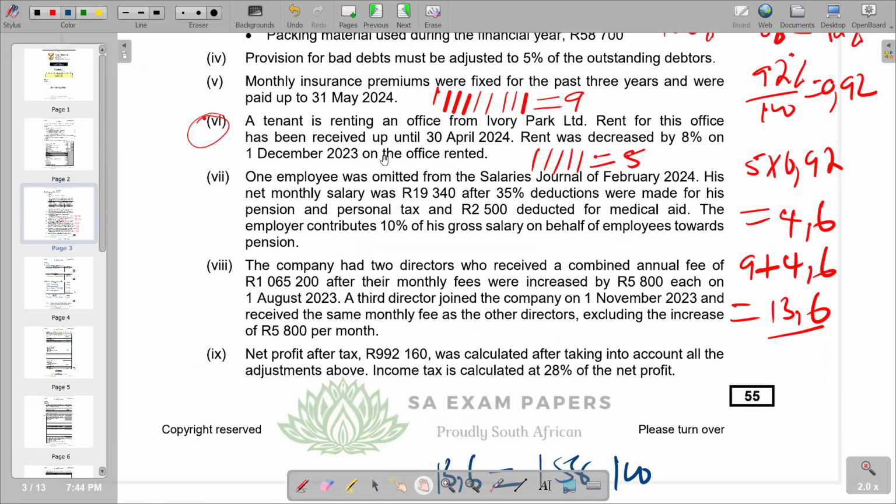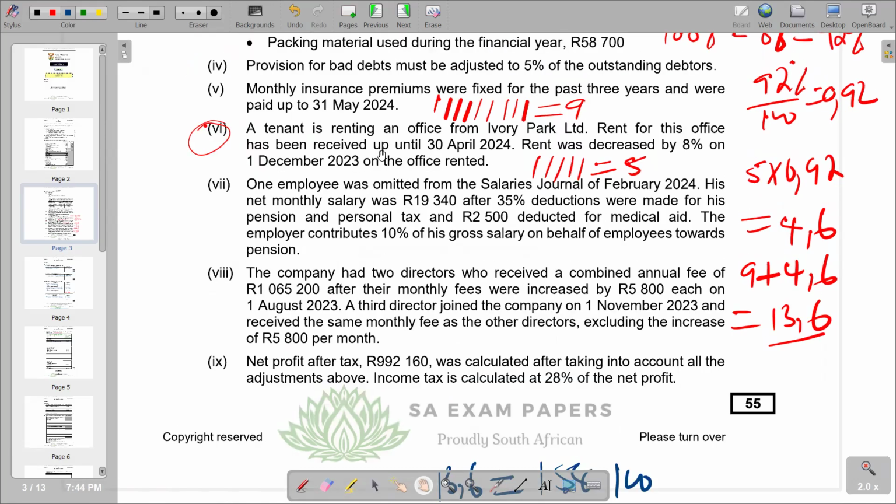Remember, our year is ending February 2024, but we have got March and April that are also received. For those 2 months, the rent was already decreased. It was 0.92. So 0.92 times 2, we get 1.84. So the 1.84 is the one that we want to find.